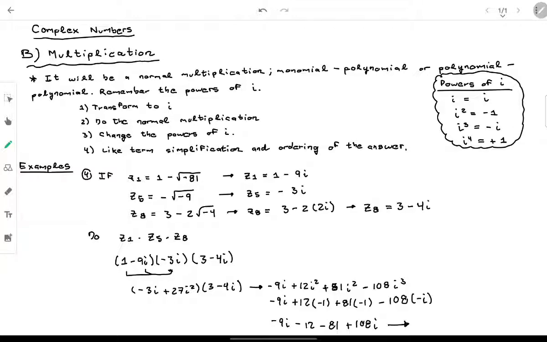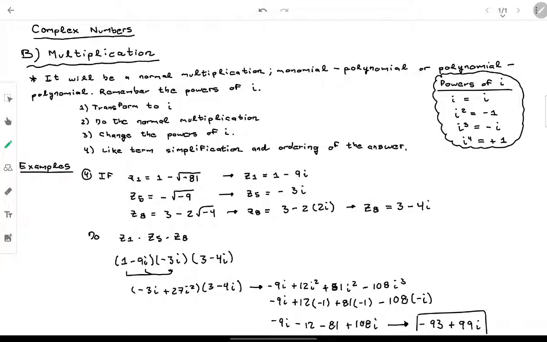Our final answer, remember, first we will put the real numbers. Minus 81 minus 12, it's minus 93. Plus 108 minus 9, it's going to be plus 99i. And that's going to be our final answer.